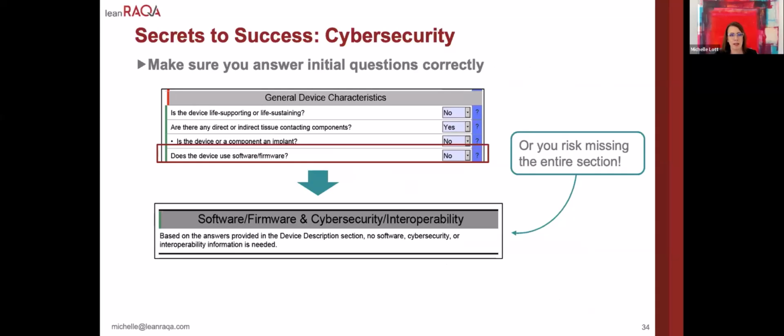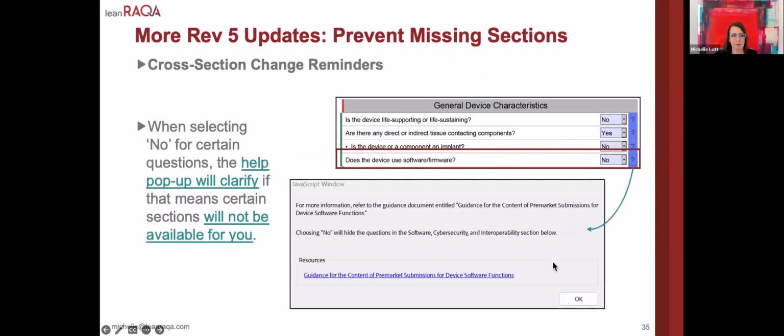So, secrets to success: make sure that you answer your initial questions correctly, or you may have whole sections about the cybersecurity and the interoperability that are blocked off from being completed.